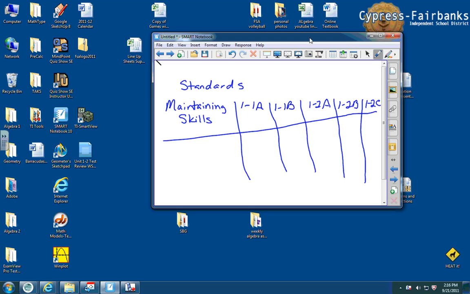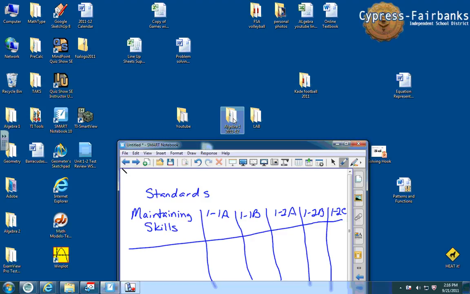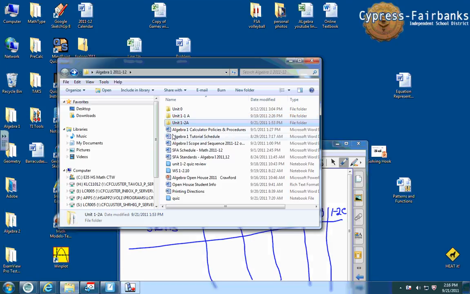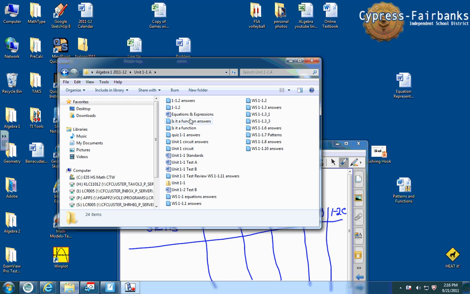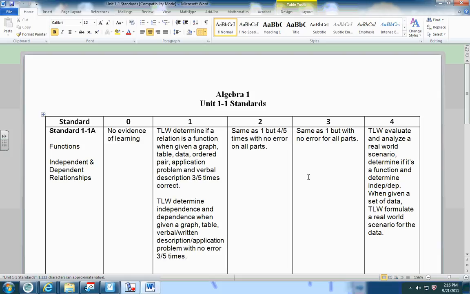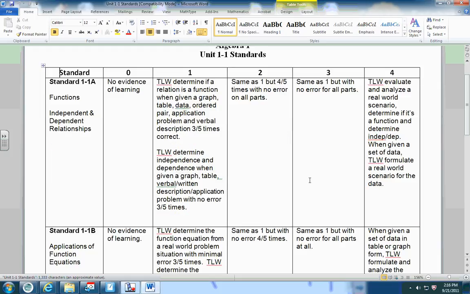Let me find the standards. There they are. Your child will come home, and before every unit they'll be given standards, like 1-1A and 1-1B, that talk about what the learner will be able to do.